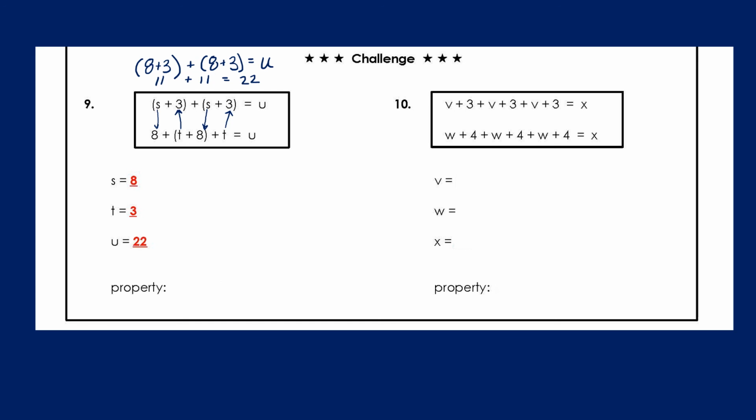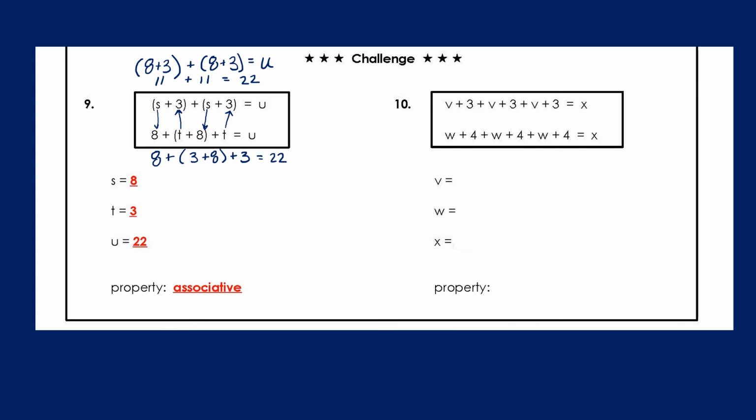And then down here you'd have 8 plus 3 plus 8 plus 3. Okay, and if you did that, you'd also get 22. So the order of the addends hasn't changed, just the way we group them has, and this would be the associative property.